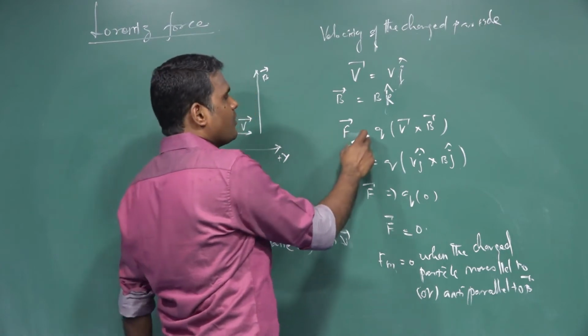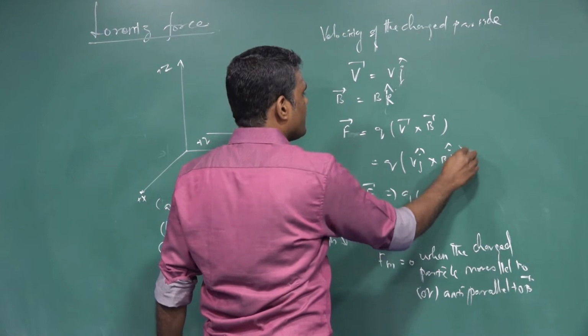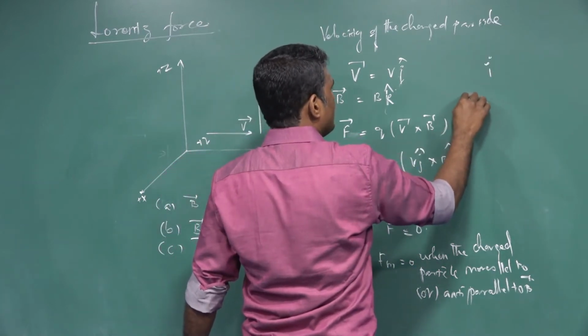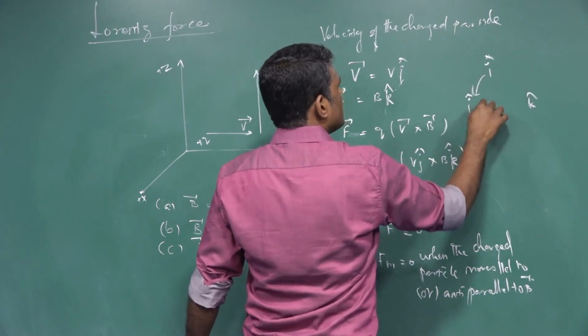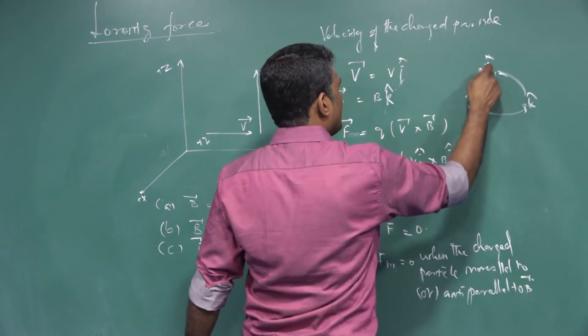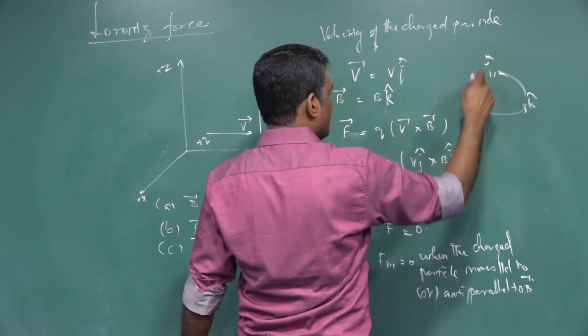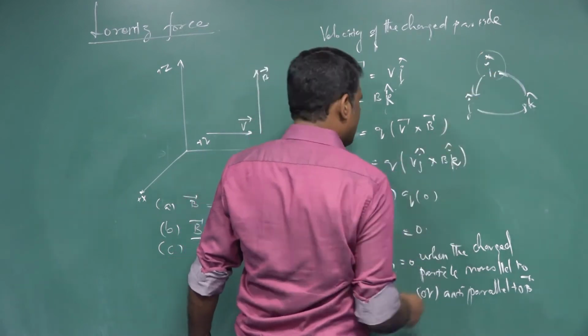The magnetic Lorentz force is F vector equals Q into V vector cross B vector, so this will become Q into Vj cap cross B into k cap. As you know very well, i, j and k cap. When you take the cross products, i cross j is k, k cross i is j, and j cross k is i. We have j cross k, so the result is i cap.